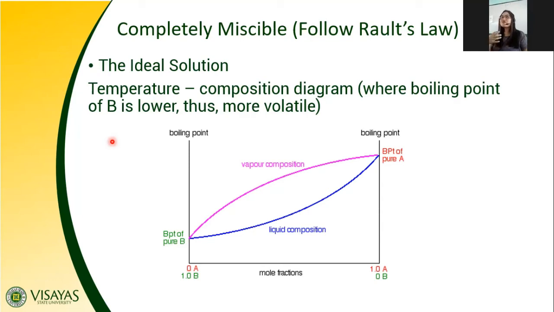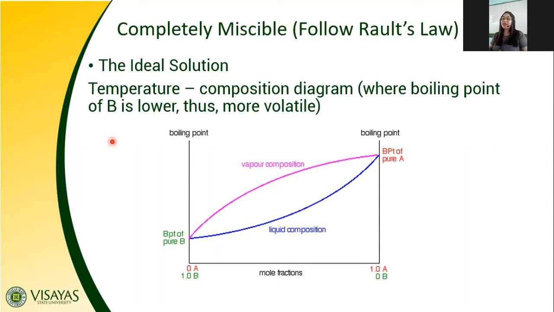The more volatile the liquid, the lower its boiling point. The higher the boiling point, the less its volatility. It takes higher energy to convert the liquid molecules to vapor molecules for higher boiling points.